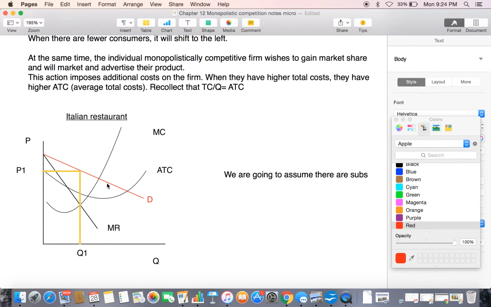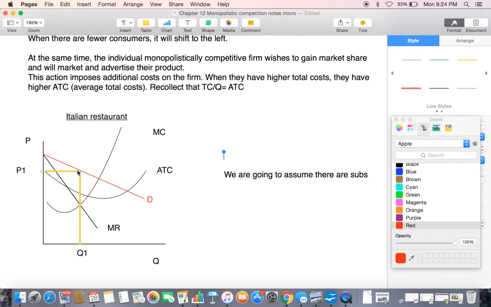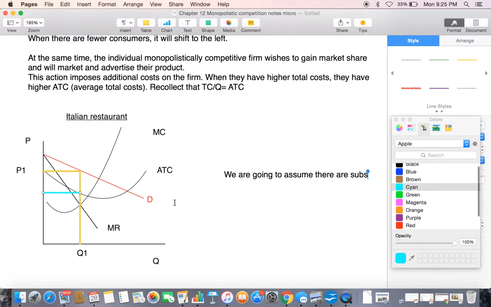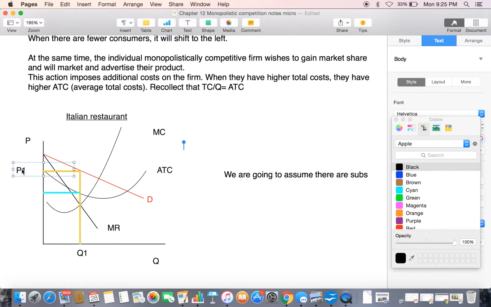So right now you can tell that the firm, based on the demand, marginal revenue, average total cost, and marginal cost curves, is actually earning positive economic profit. They're earning positive economic profit because at this quantity demanded of Q1, they are pricing substantially above average total costs at that quantity.